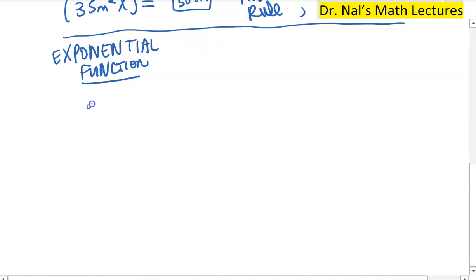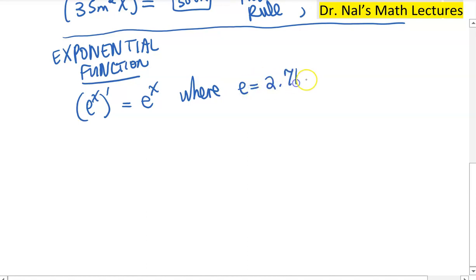But okay, so how about the derivative of e to the power x? Well, it turns out e to the x is the only function whose derivative is itself, where e is the Euler number, which turns out to be 2.71 something. All right, so it is such a number. It's also known as the Euler number.